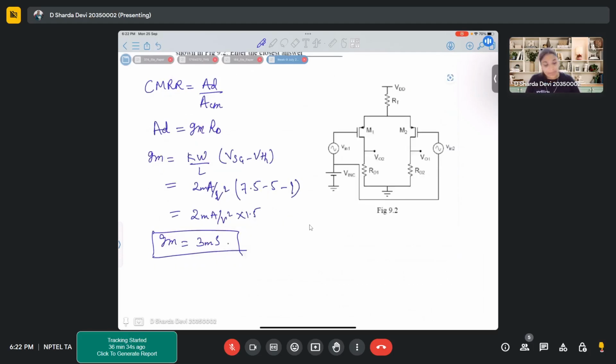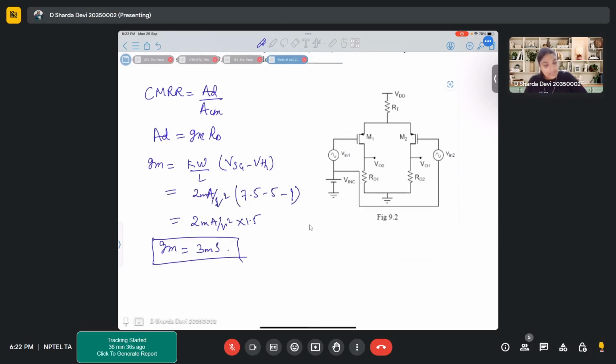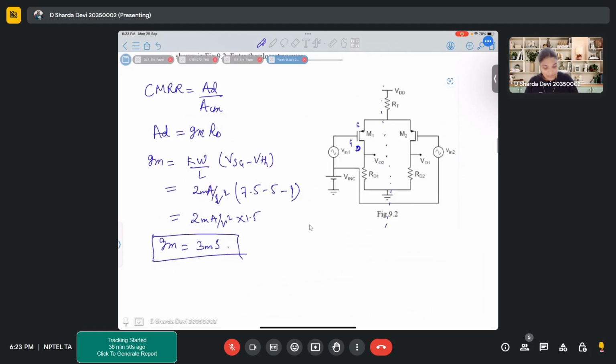And what about Rd? Since we are performing our half circuit analysis, this is source, gate, drain. So Rd is Rd1. So Ad is Gm into Rd1. That is 3 into 1.6, which is 4.8. Correct? So this is the Ad that we got.